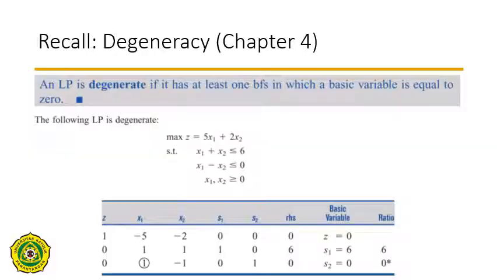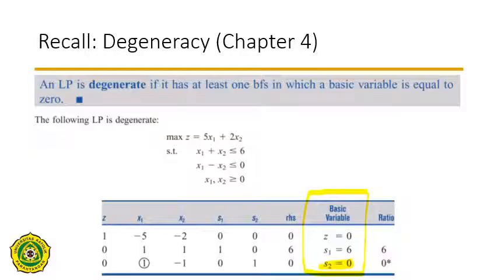Just a quick review of what degeneracy means. Degeneracy happens when a linear program has at least one basic feasible solution in which a basic variable is equal to 0. In this example, we have a BFS, a basic feasible solution, and we notice that one of the basic variables equals 0.